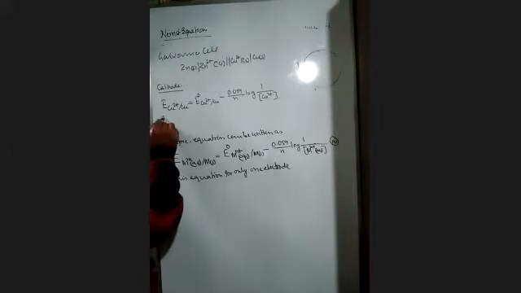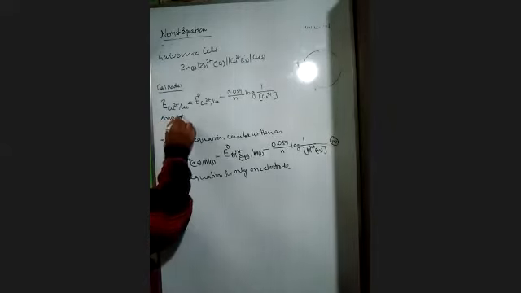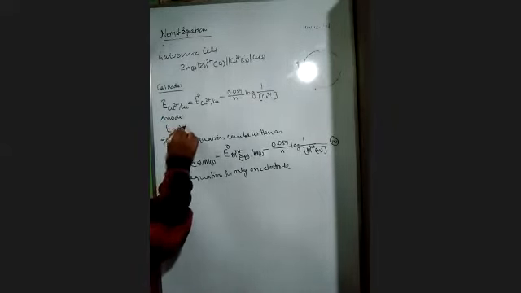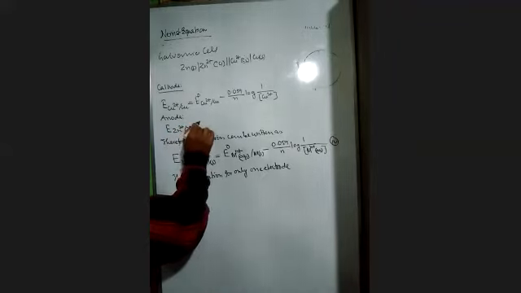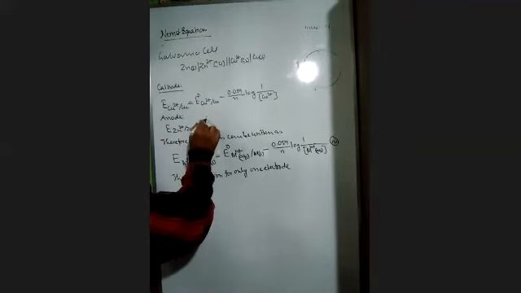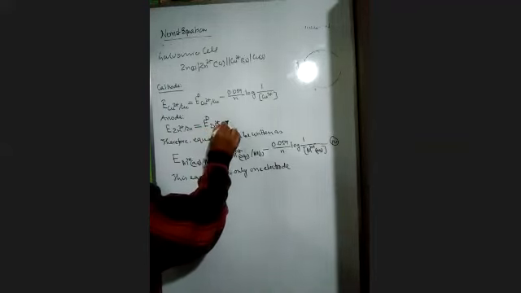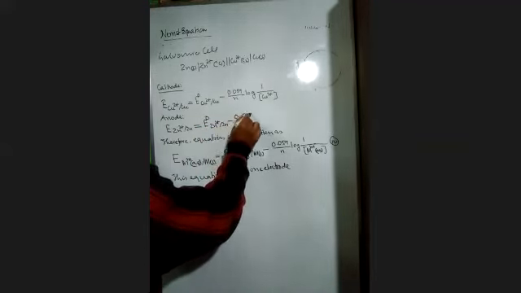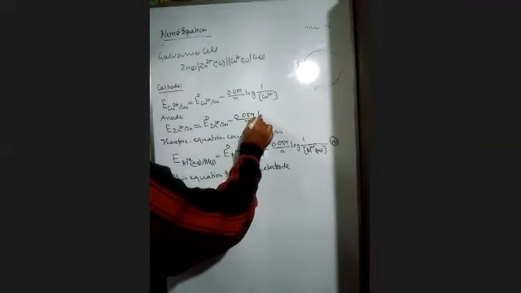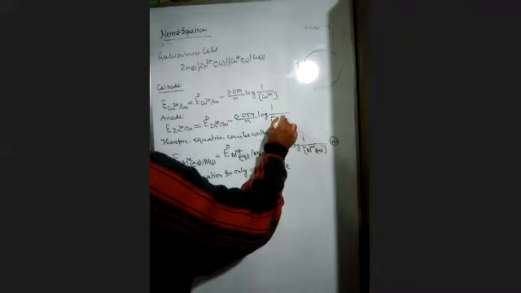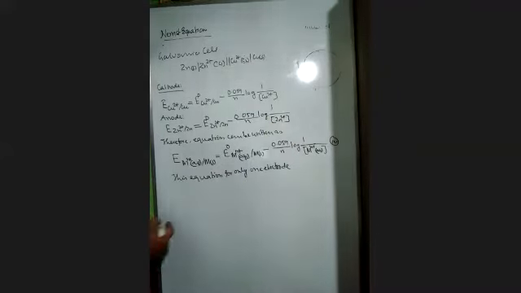And for anode, it is E Zn2+/Zn is equal to E0 Zn2+/Zn minus 0.059/n log Zn2+. If it's a numerical for Zn2+, I'll write C1. Okay.